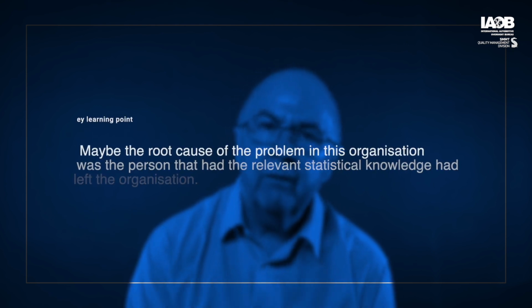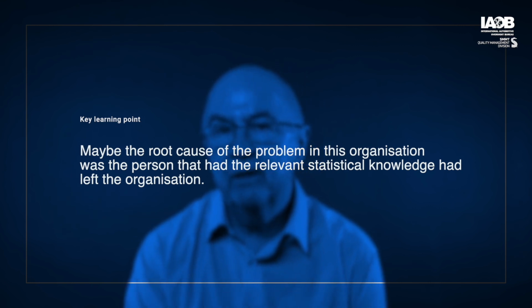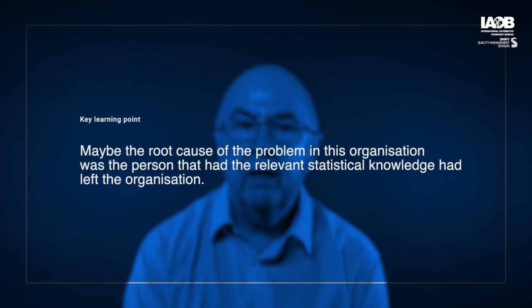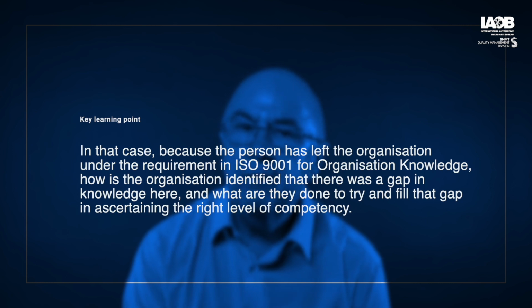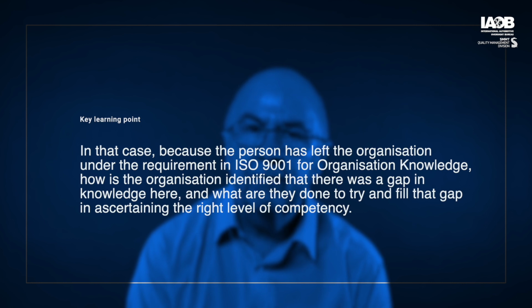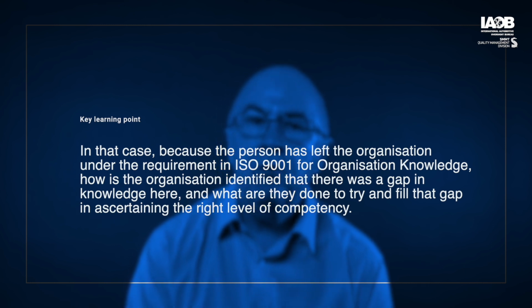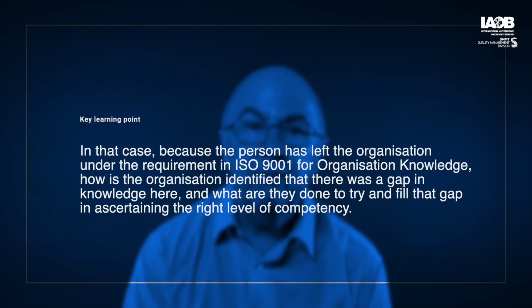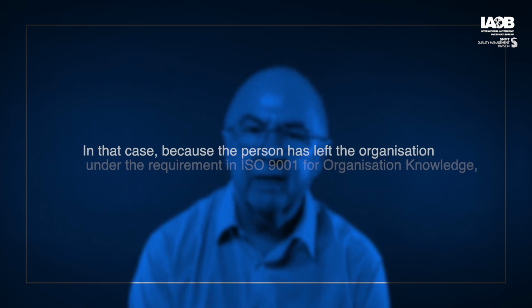Maybe the root cause of the problem in this organization was that the person that had the relevant statistical knowledge had left the organization. In that case, under the requirement in ISO 9001 for organizational knowledge, how had the organization identified that there was a gap in knowledge here, and what had they done to fill that gap, ascertaining the right level of competency?